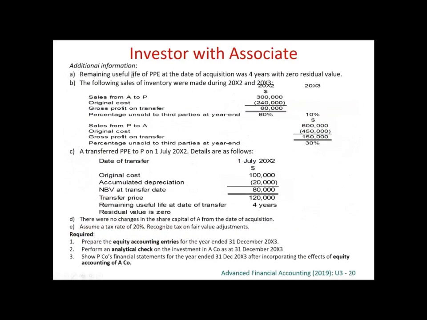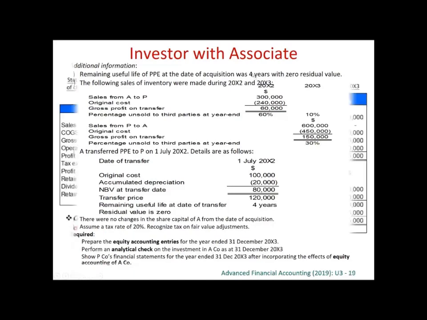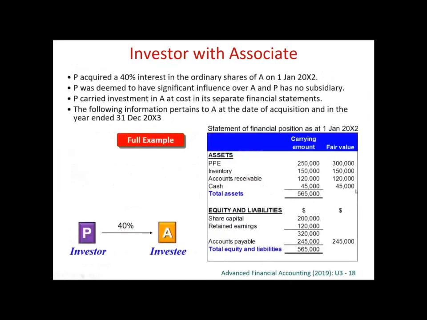We have been told that the remaining useful life of the property, plant, and equipment at the day of acquisition was 4 years with no residual value. So what does that mean? This means on the 1st of January 2002, there has been some fair value adjustments, actually only one. The property, plant, and equipment's fair value is higher than the carrying amount. For the other items, the fair value is the same as the book value.